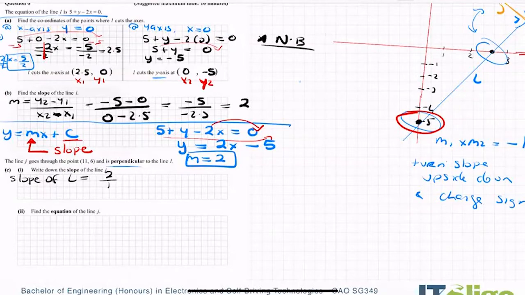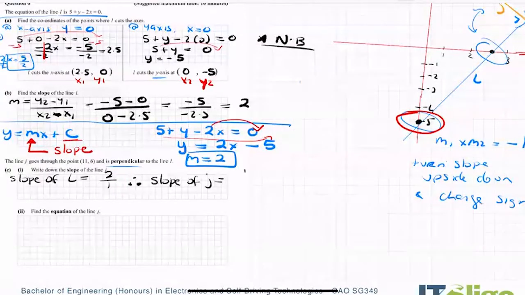Any whole number can be written over 1. Therefore, slope of J is equal to, turn it upside down, so that 2 over 1 becomes 1 over 2. It was a positive slope, so of course the perpendicular has to be negative.